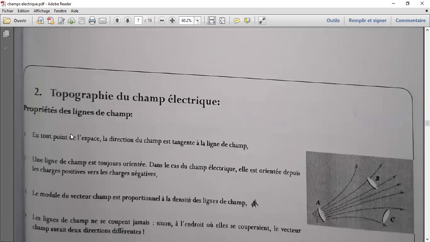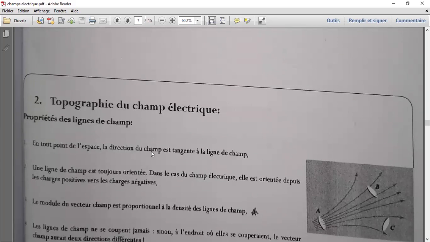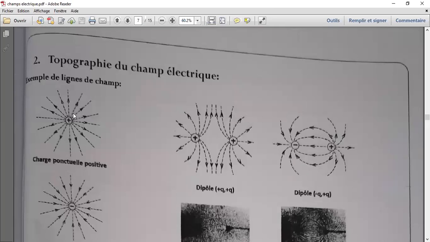And the second is saying, une ligne de champ est toujours orientée. Dans le cas du champ électrique, elle est orientée depuis la charge positive vers la charge négative. So when you have a ligne de champ, it is always oriented. What you should know is that a positive is always going outward, and a negative is always going inward.